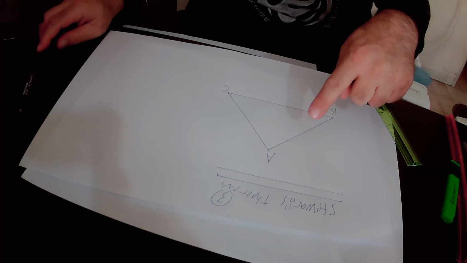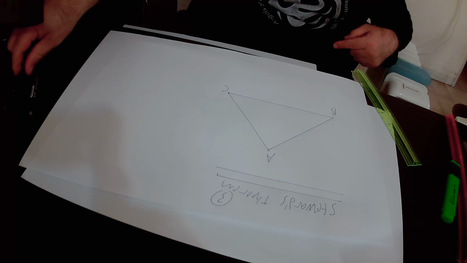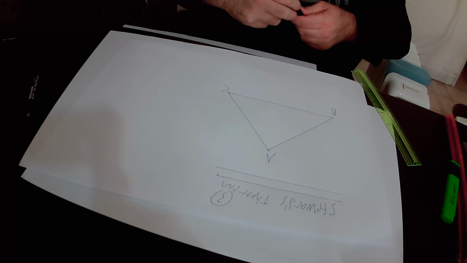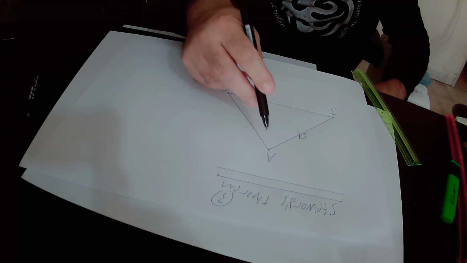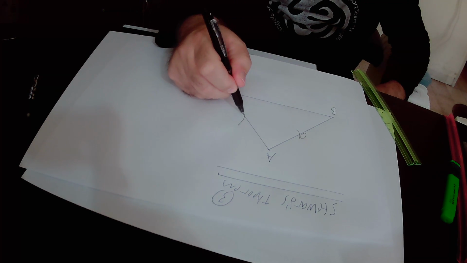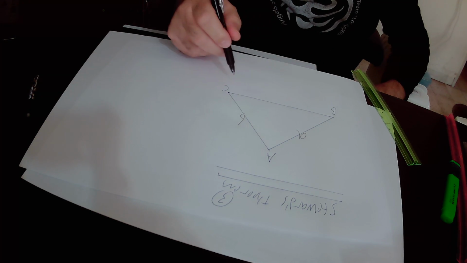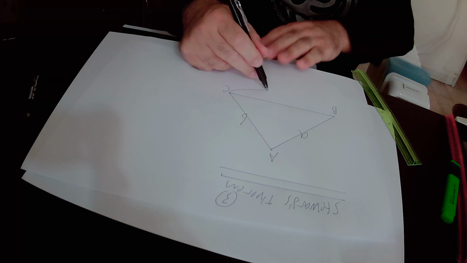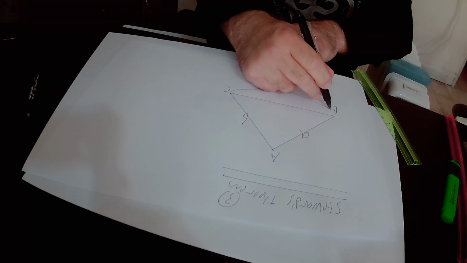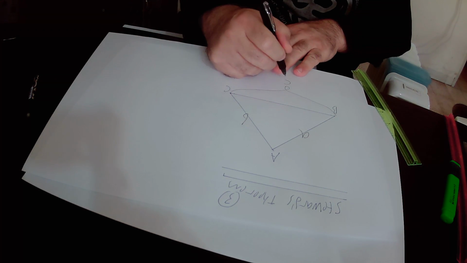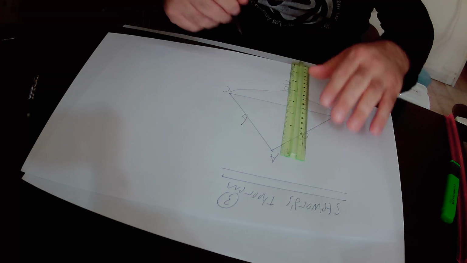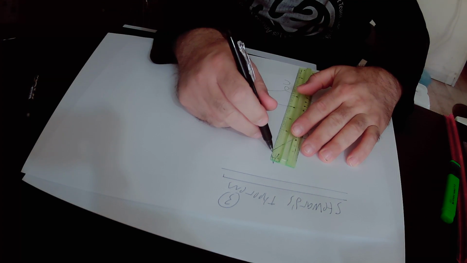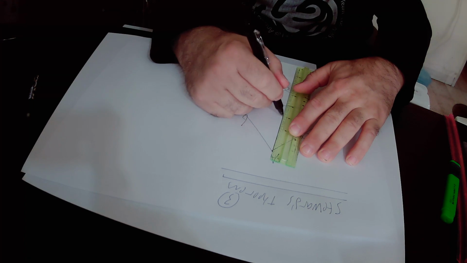The length of side AB equals A units, side AC equals B units, and side BC equals C units. And we also have here line segment AO.